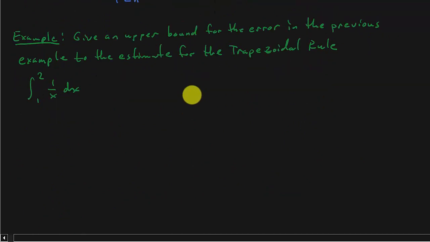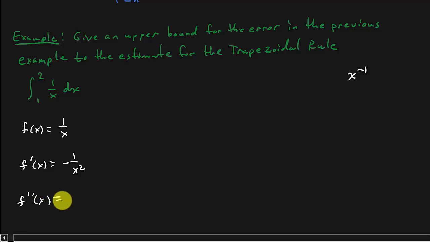I have f of x equal to 1 over x, and f prime of x equal to negative 1 over x squared. I'm not going to go through finding these derivatives, but remember, 1 over x can be written as x to the negative 1, and you just keep using the power rule. Then f double prime of x is 2 over x cubed.